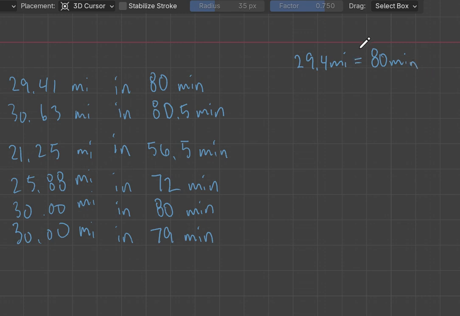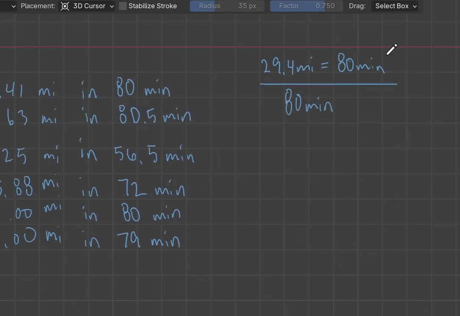If that's the case, then I can divide both sides by 80 minutes, and on the right side I just get 1, so I get 29.41 miles over 80 minutes, and that gives me a unitless number of 1.